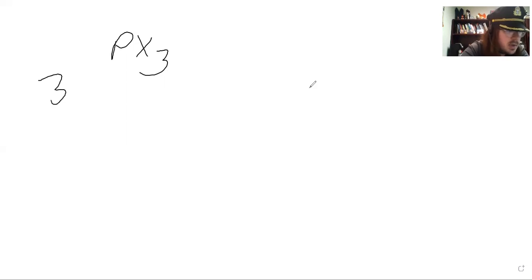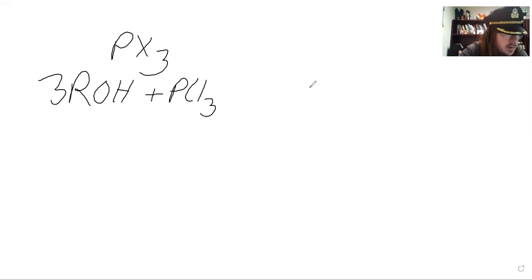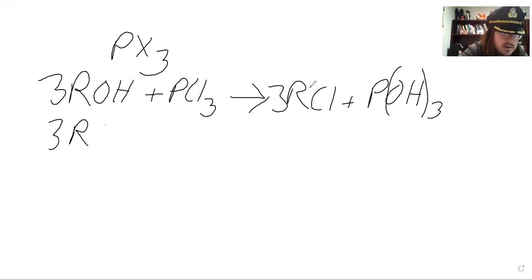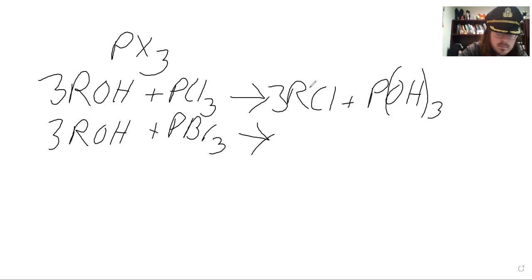So I could do 3 equivalents of our alcohol with PCl3, and we're just going to form 3 equivalents of RCl and phosphorous acid, P(OH)3. You could do the same thing with Br, PBr3. No problems there.